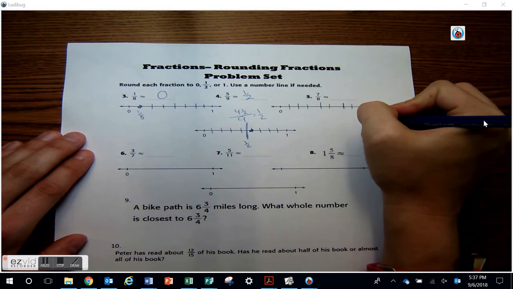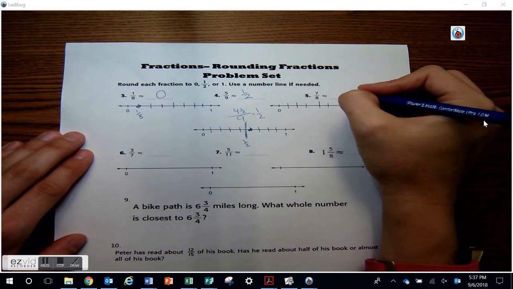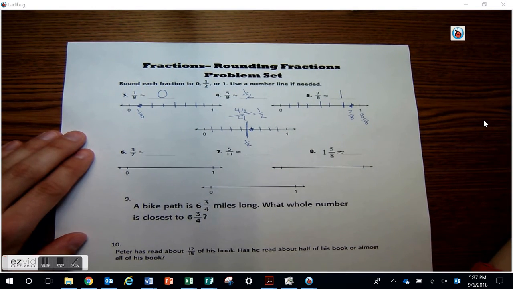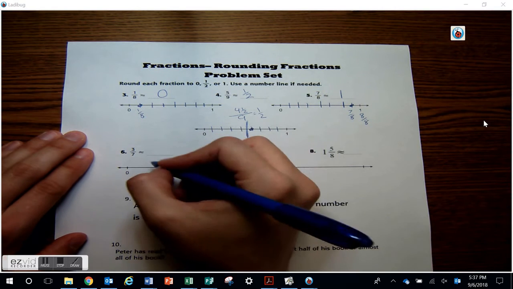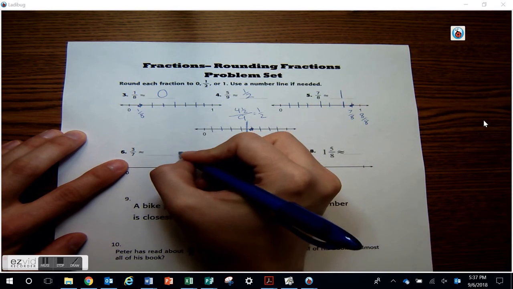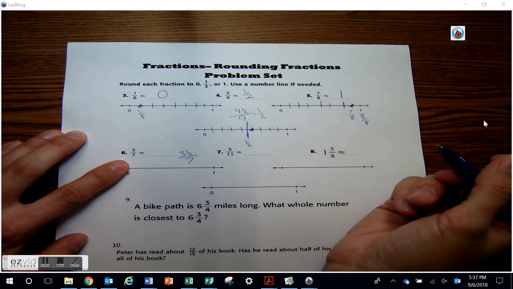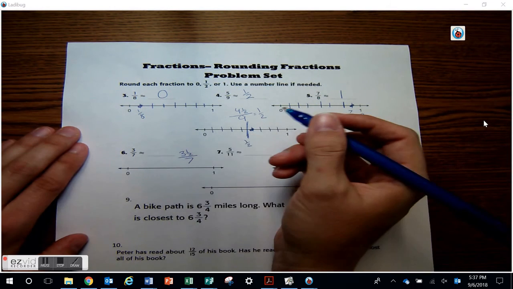That's my halfway point. So what would we round that one to? Well, I'm going to round that to half. Also, if you need some help, half of 9 is 4 1/2. That's half of our 9, right? So 4 1/2 is pretty close to 5.